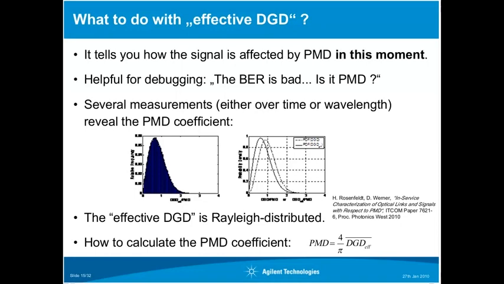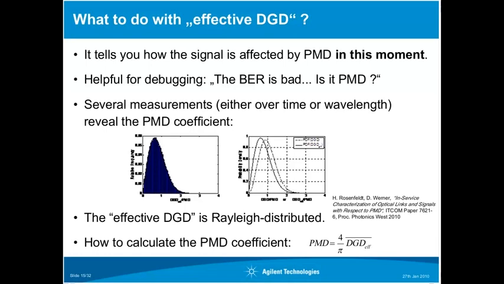Everybody knows, meanwhile, that the differential group delay is Maxwell distributed. And the definition of the PMD coefficient is just the average value of the differential group delay. So people normally measure the differential group delay, and they take the average value and end up with a PMD coefficient. And you can do almost the same with the effective DGD.